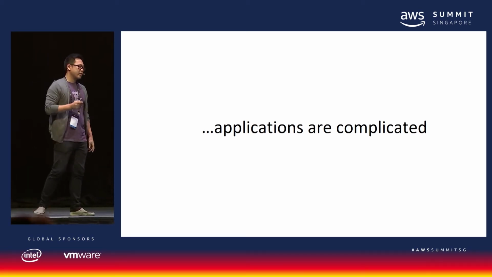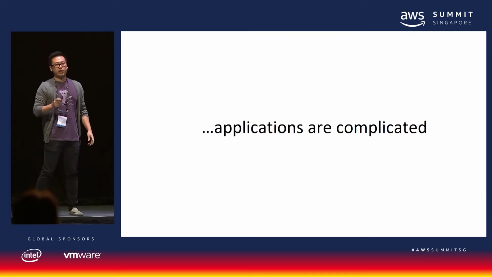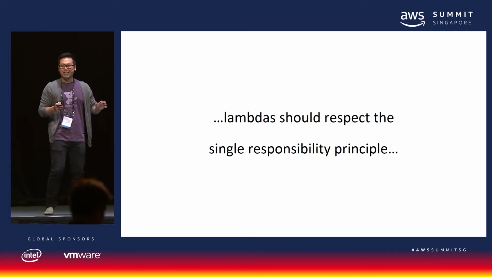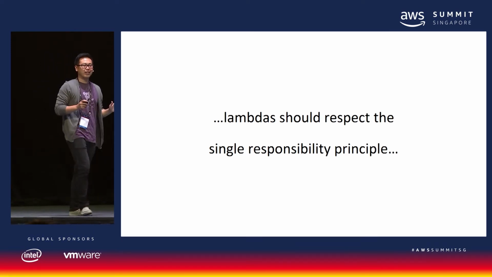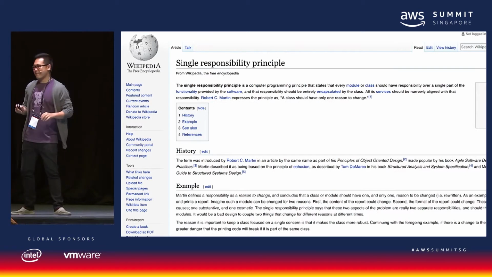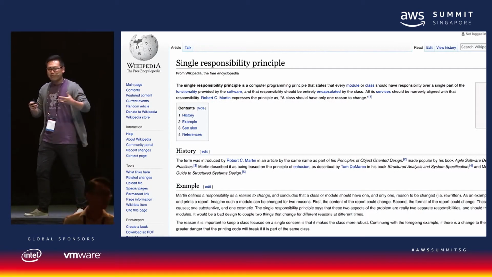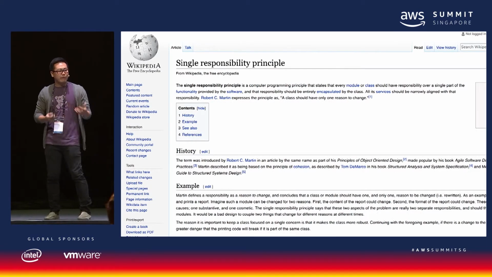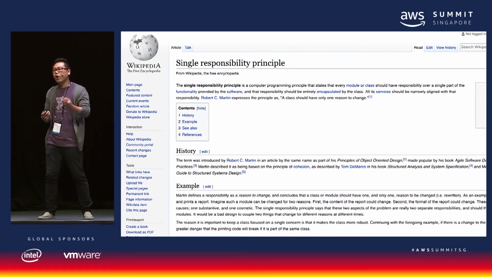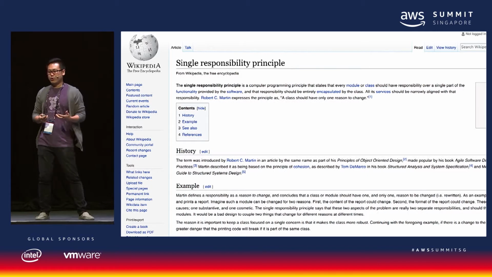And Lambdas should respect the single responsibility principle. And some of you guys are like, wait, I haven't taken a CS class in a while. Why are you yelling vocab words at me? The single responsibility principle just means every module, every class, every function should be responsible for one thing. And that's what Lambdas should do as well.